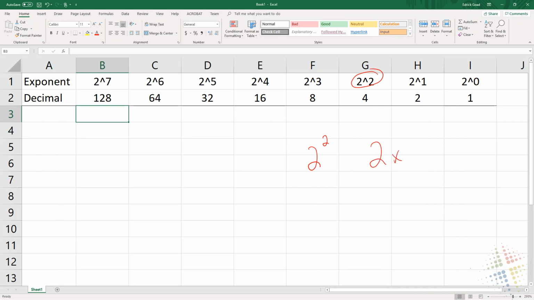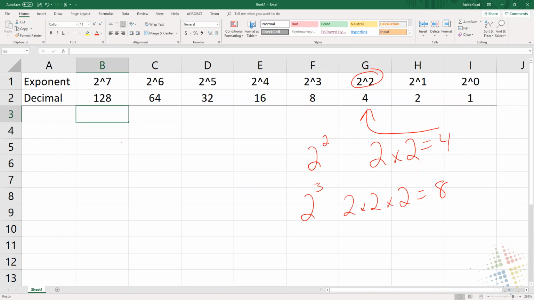So this is 2 times 2, which equals 4, which is that right there. If we look at the next one over, 2 to the 3rd, or 2 caret 3, is 2 times 2 times 2, which is equal to 8. And 2 to the 4th, 2 times 2 times 2 times 2, 2 to the 5th, and so on and so forth. And so these are how the exponents start working into our decimal numbers so that we can start understanding exactly what's happening.